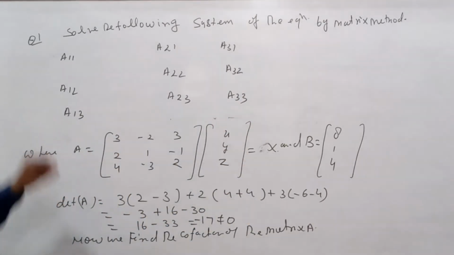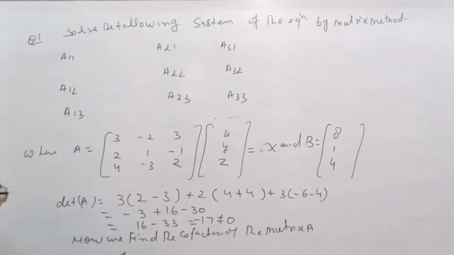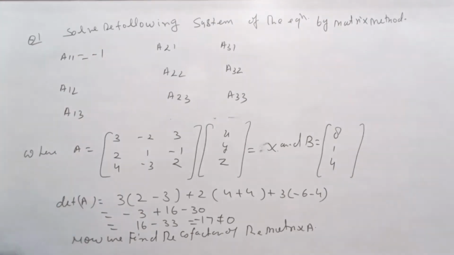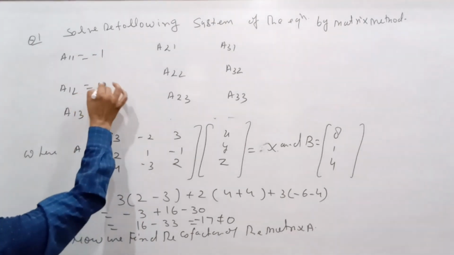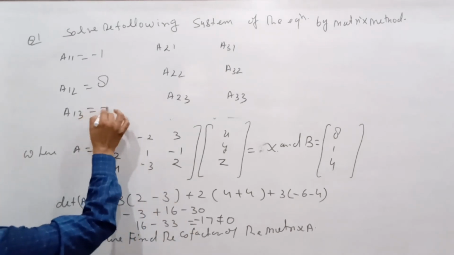Now the cofactor of the first row is equal to -1, that is 8, 4, that is 8, -10.